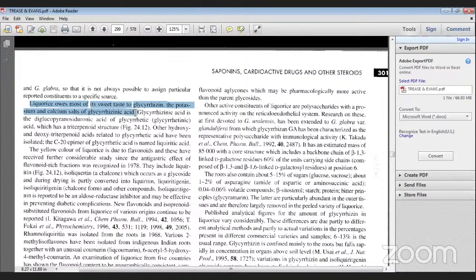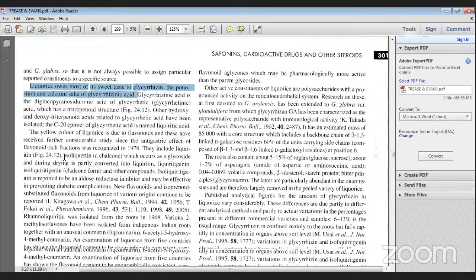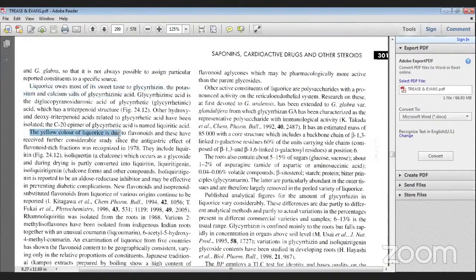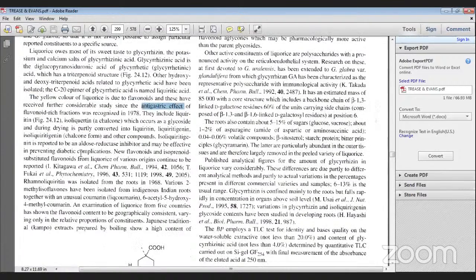The yellow color of the licorice is due to the presence of flavonoids, which also have an anti-gastric effect.